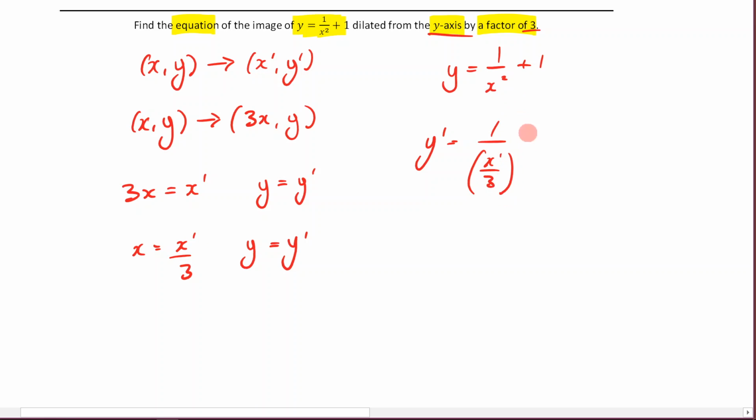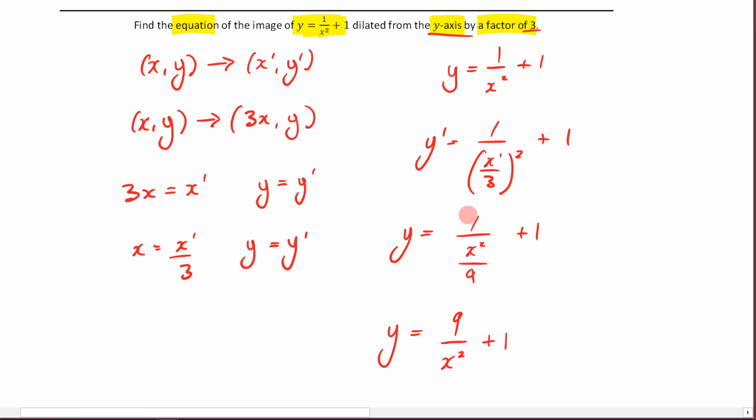And you've got to make sure that you square it as well, because I'm subbing it into that x spot and this x is squared. Then I plus 1 to it. That means my answer is going to be 1 over, dropping the dashes here, x squared over 9 plus 1, and that's the same as 9 over x squared plus 1.